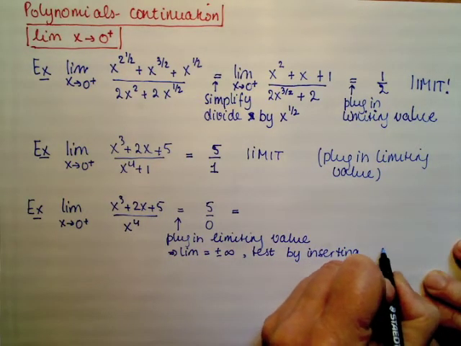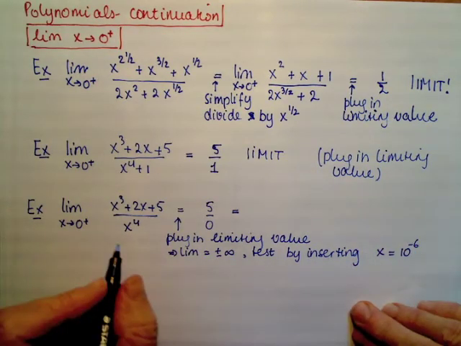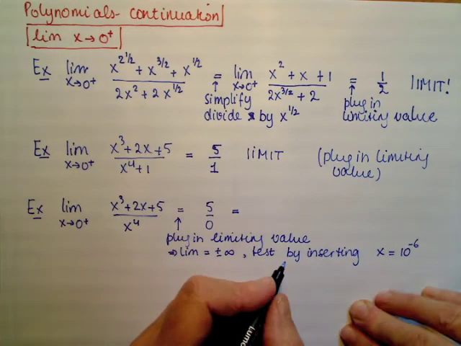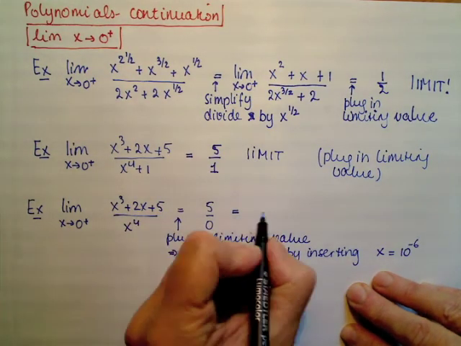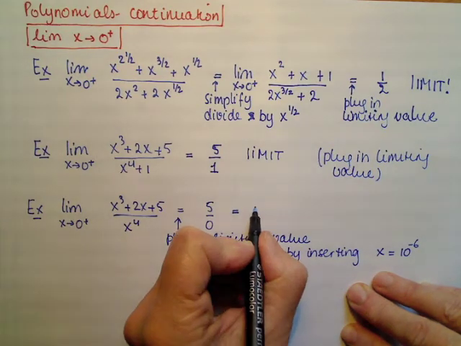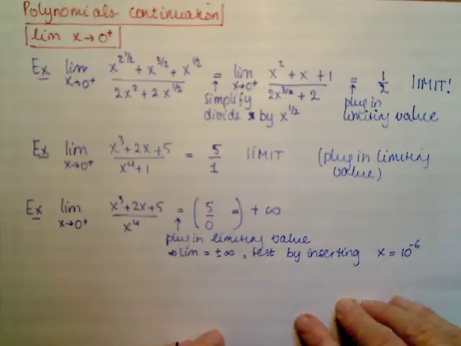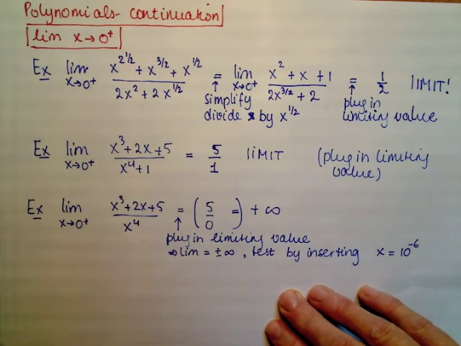So, for instance, 10 to the power minus 6, 1 over a million. But of course, when we look at this expression, you see that these are all positive terms in numerator and denominator, so it must be positive. So if we have the choice between plus or minus infinity, we must have plus infinity, and so we get this result.